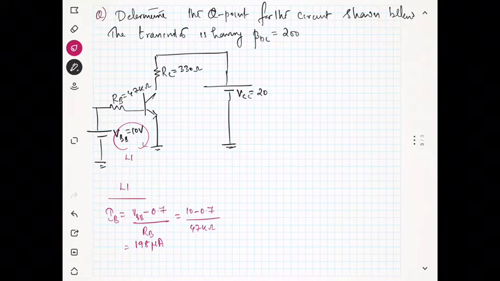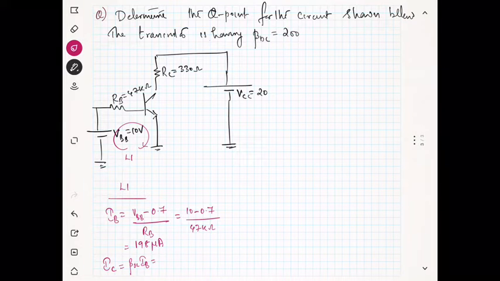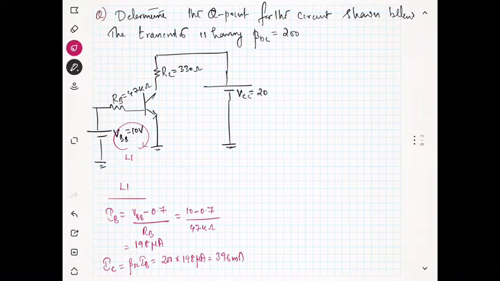Micro is 10 power minus 6. Then you can find IC, which is equal to beta DC times IB, which is 200 multiplied by 198 microampere, which is equal to 39.6 milliampere.